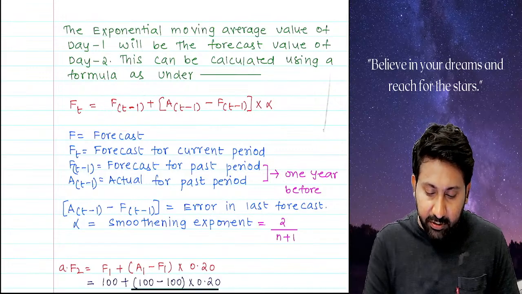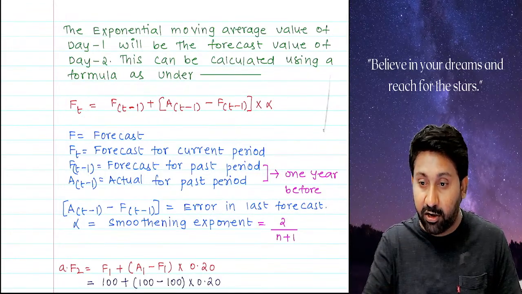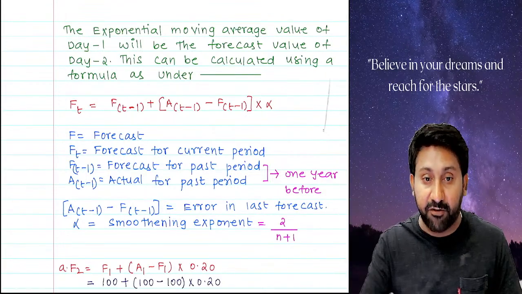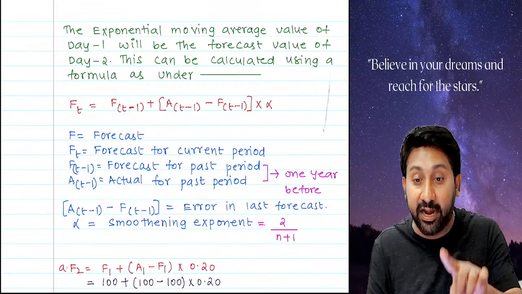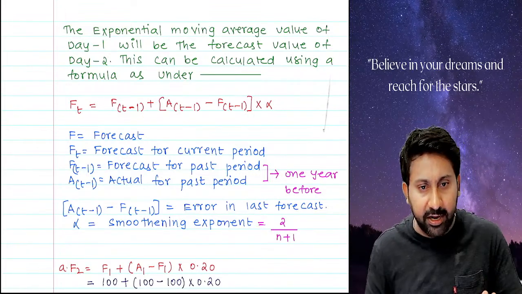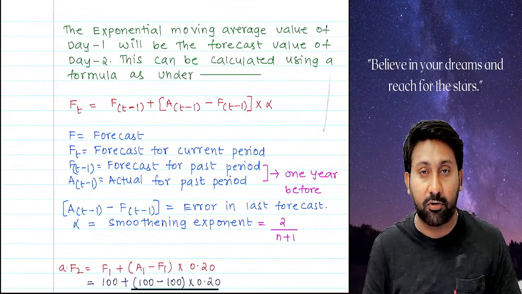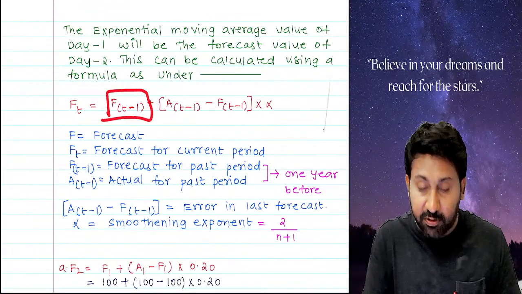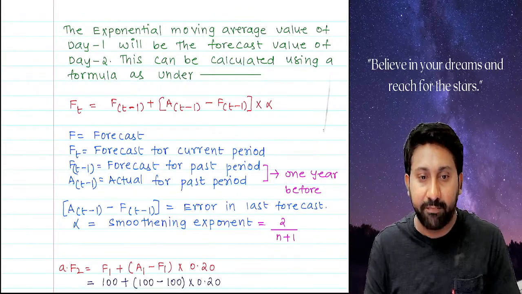If you want to forecast the share price for day 7, you should not consider day 7 information, consider the day 6 information if there is trading on that day. If no trading, whatever the previous trading day is, that day's price we have to take. Next, F(t-1) means forecasted price, not actual price. Don't make mistakes in the exam.